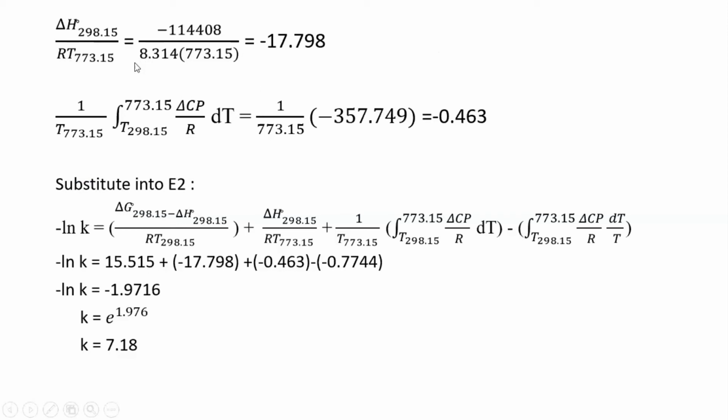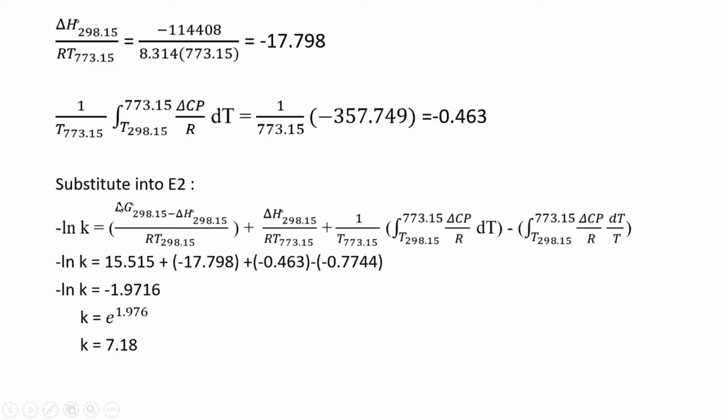As I said, this is the change of enthalpy that we calculated before, negative 357.749, and we multiply with 1 over 773.15, and the value is negative 0.463.